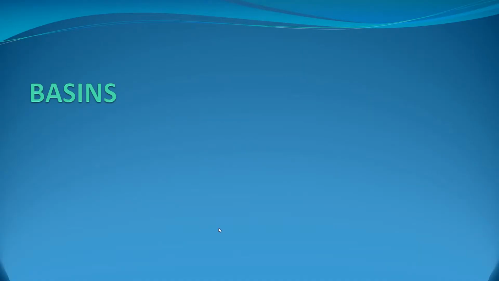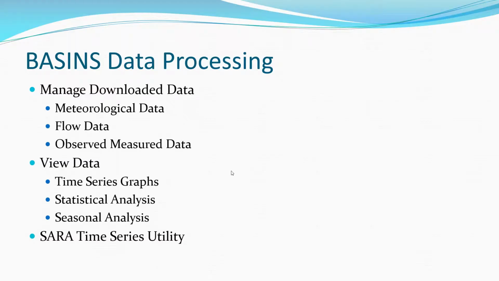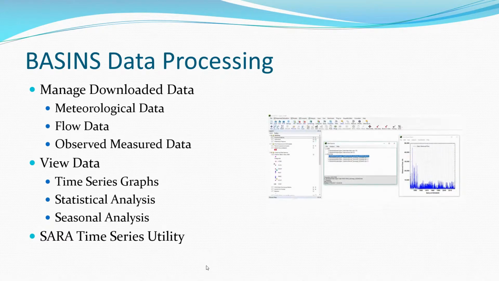BASINS includes a data viewer that will allow you to look at the data that you download via its processes. The data processing that occurs allows you to manage the downloaded data. You can look at the meteorological data, the flow data, any observed measurement data that you have. You can view data in a time series format.